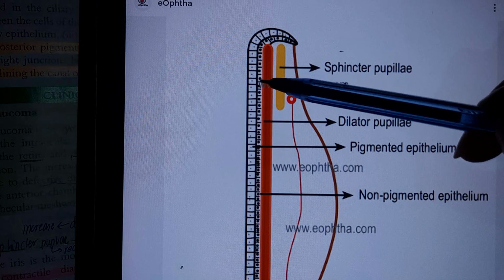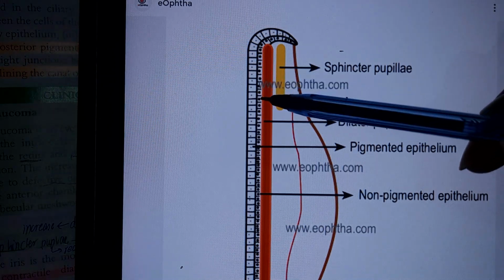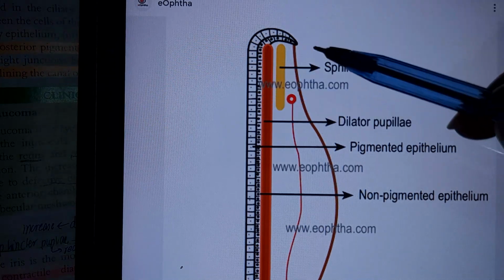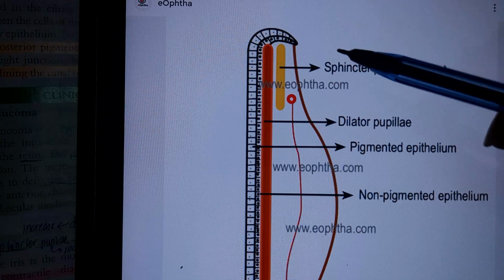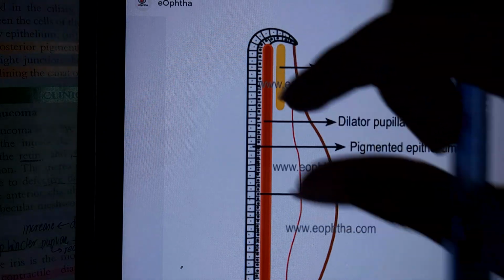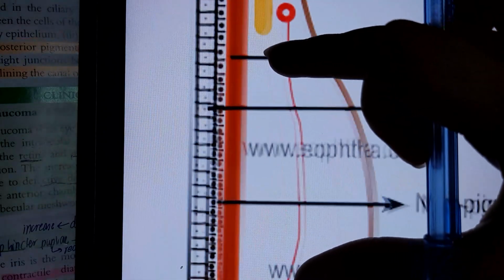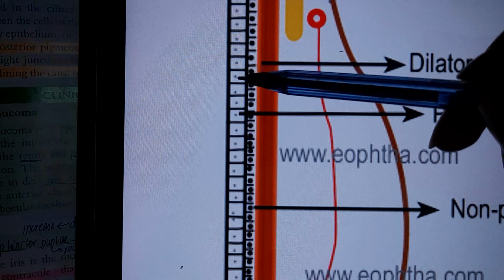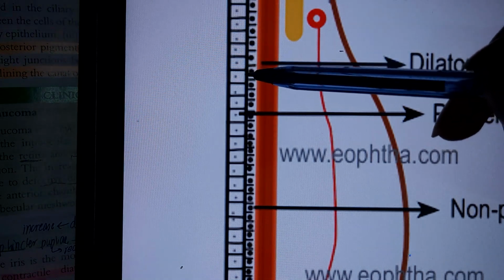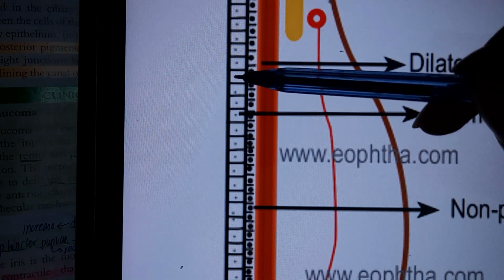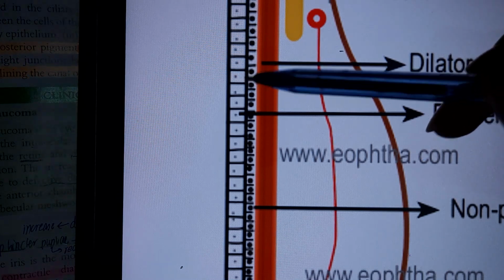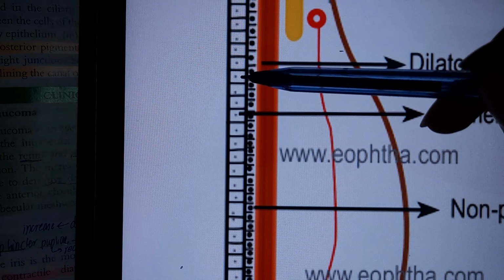Then we talk about the anterior layer. It has non-pigmented cells, but it has an apical as well as a basal portion. The portion that is towards the pigmented cells is known as the apical portion, and that apical portion has some amount of melanocytes because it is adherent to the posterior pigment epithelium.